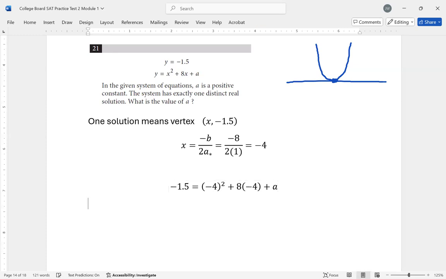On the right-hand side, what's going to happen is I'm going to end up with a 16 plus a negative 32 plus a. 16 minus 32 is negative 16. And then I can add 16 to both sides. When I add 16 to both sides, I end up with 14.5 as the value of a. So we end up with 14.5 as the value of a using this algebraic approach.